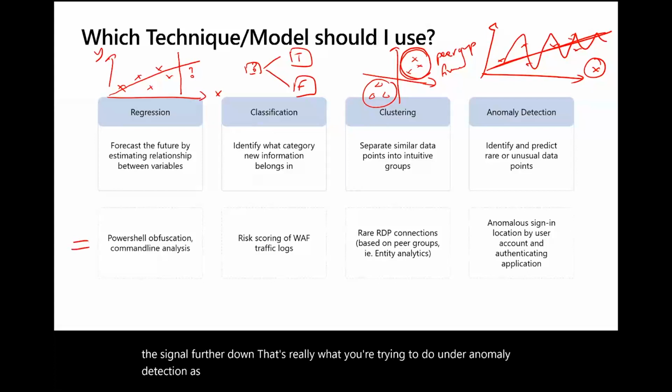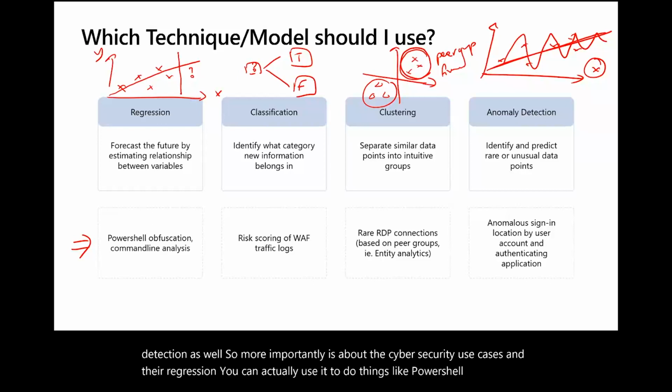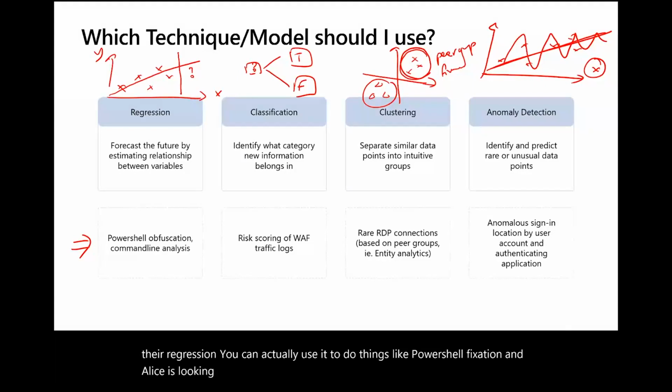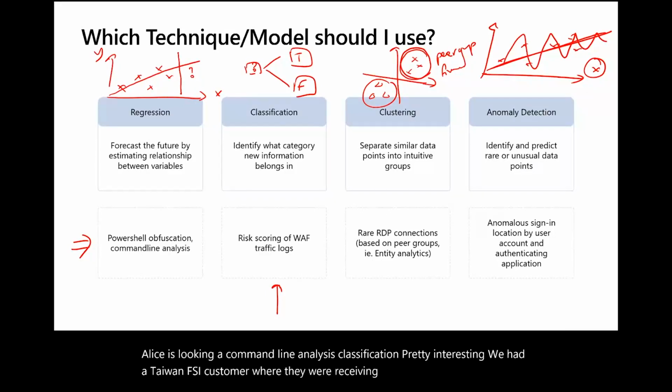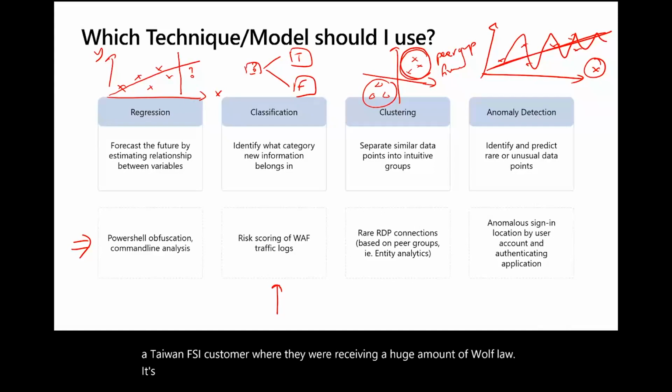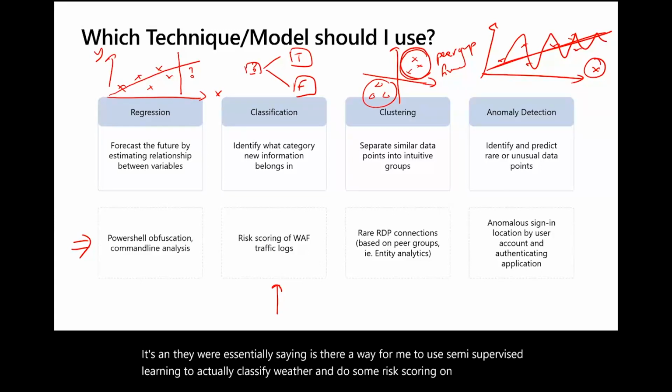So more importantly, it's about the cybersecurity use cases. Under regression, you can actually use it to do things like PowerShell obfuscation analysis, looking at command line analysis, classification, pretty interesting. We had a Taiwan FSI customer where they were receiving a huge amount of WAF logs, and they were essentially asking, is there a way for me to use semi-supervised learning to classify and do some risk scoring on the WAF traffic logs that I'm getting in?